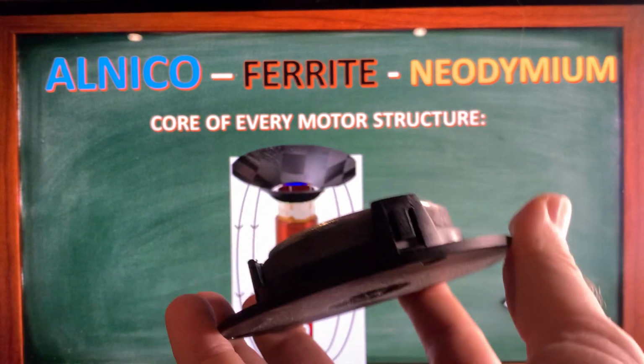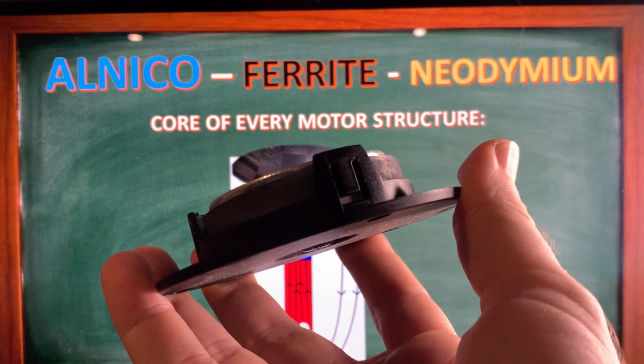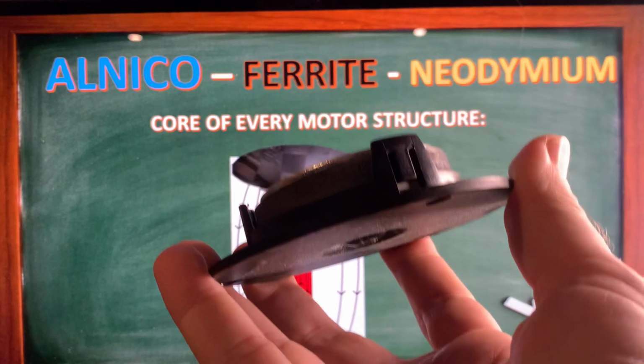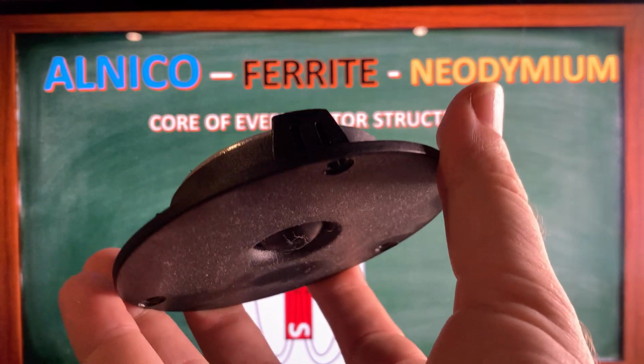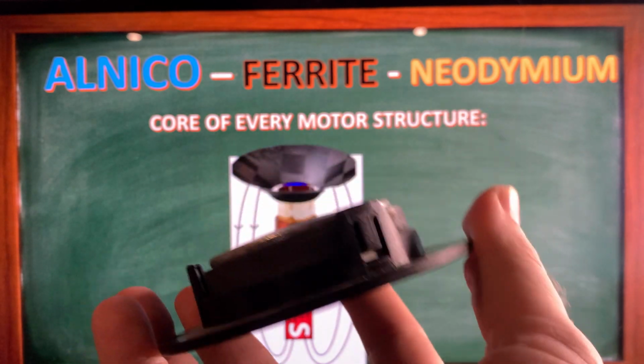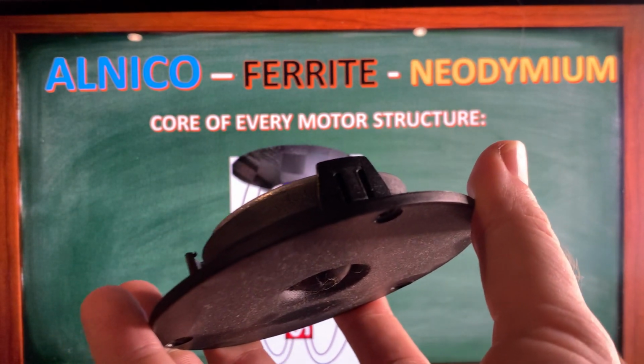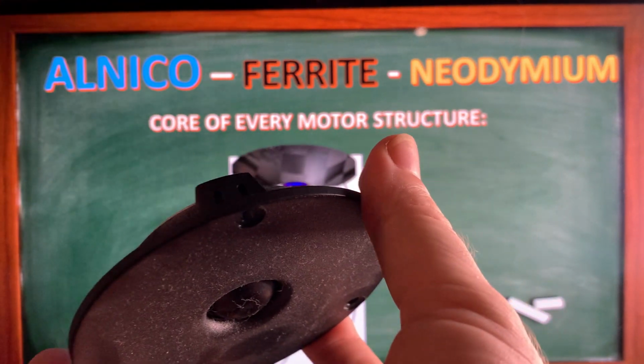This is why the TV sets in the 60s and 70s all used ALNICO magnet loudspeakers, because they do not radiate magnetism.